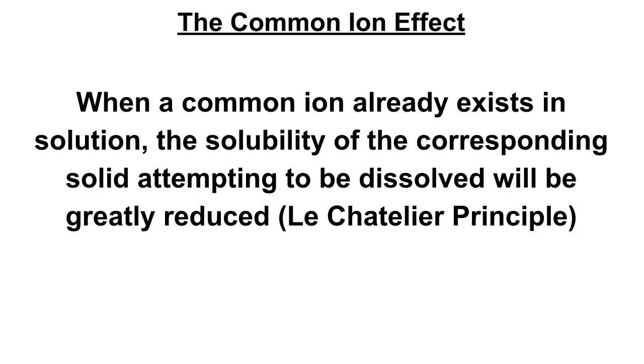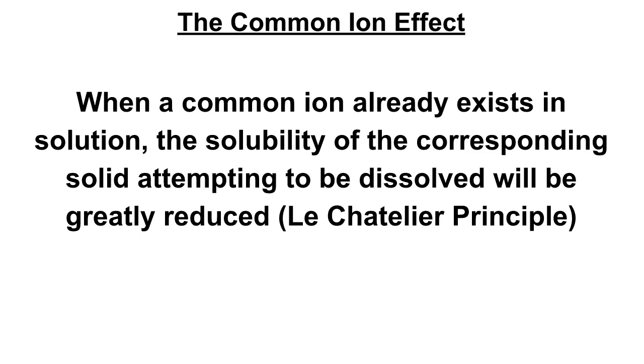So it's very important to understand that if you have a common ion already present in your solvent, then you are going to greatly reduce your KSP value and your ability to solubilize that solid compound.